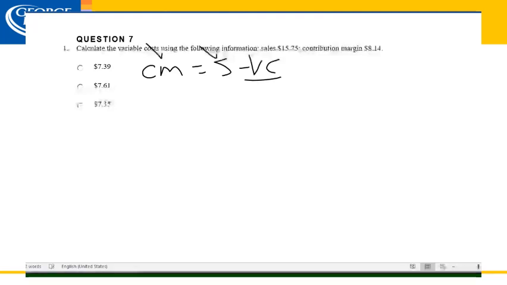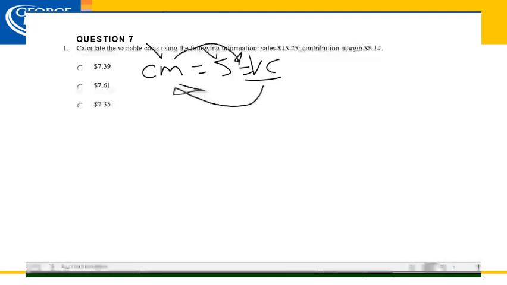So what we would do is just rearrange this equation and solve for our variable costs. Now, because your variable costs in this case have a minus sign there, we would rework this equation so that it's a positive. So we would move our variable cost to this side of the equation and our contribution margin to this side of the equation.